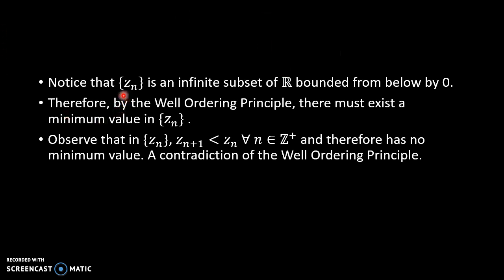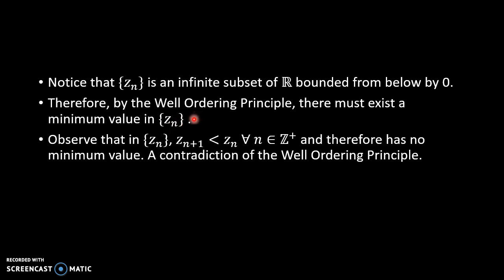We'll notice that the set z sub n is an infinite subset of R, which is bounded from below by 0, because all values of z sub n are positive integers. Therefore, by the well-ordering principle, there must exist a minimum value for this set.